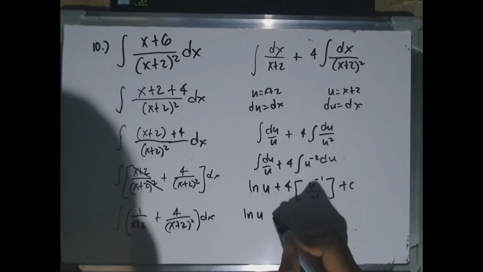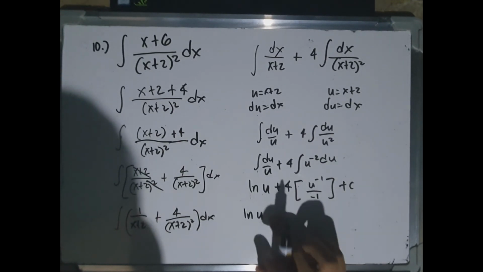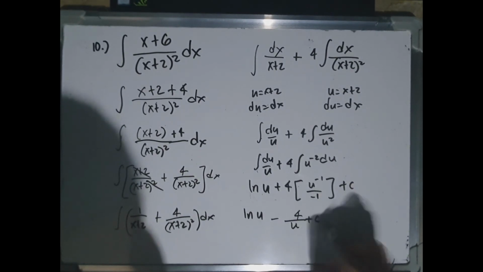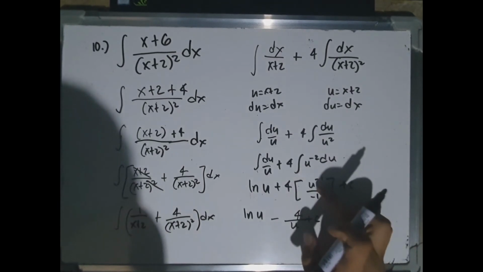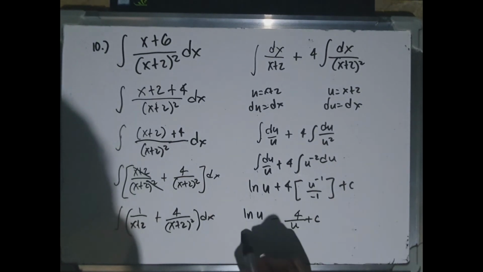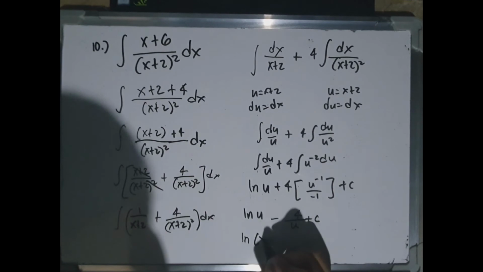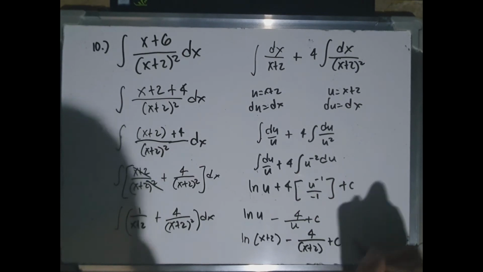Ln of the u plus, so this is no longer plus because we have negative for the denominator, minus 4 over u plus c. Because this one is negative exponent, so trying to take the inverse. So we now have ln, the u is originally equivalent to x plus 2 minus 4 over x plus 2 plus c.